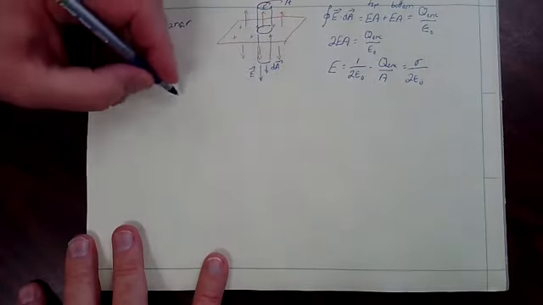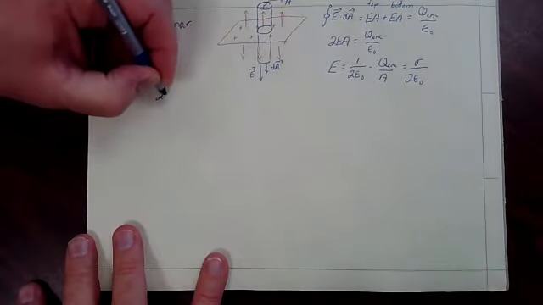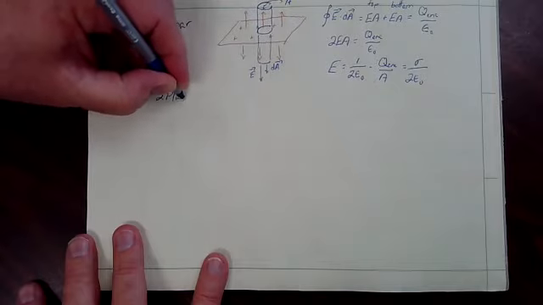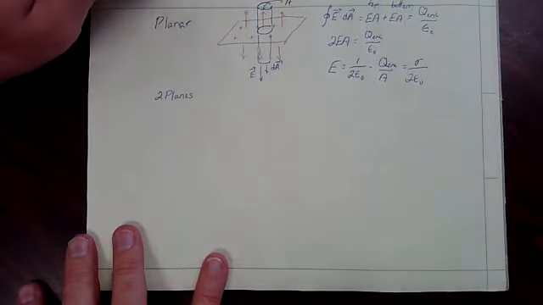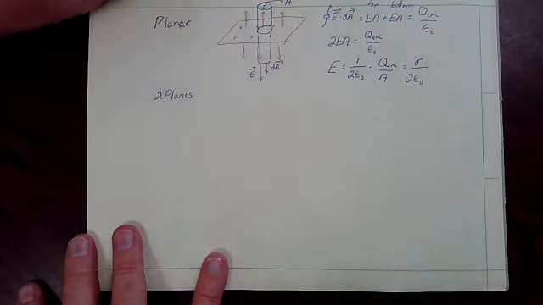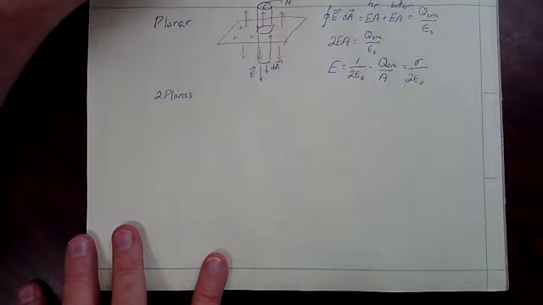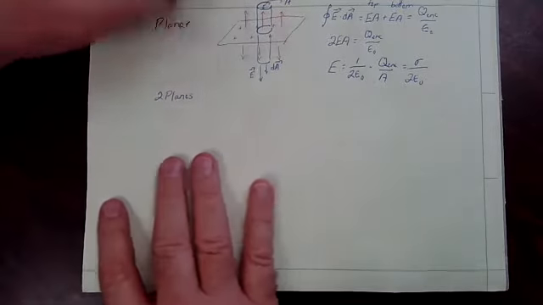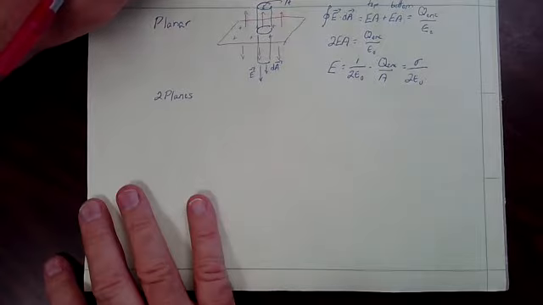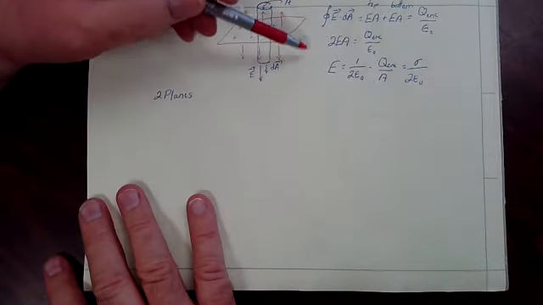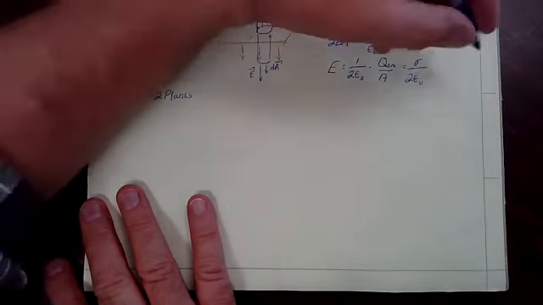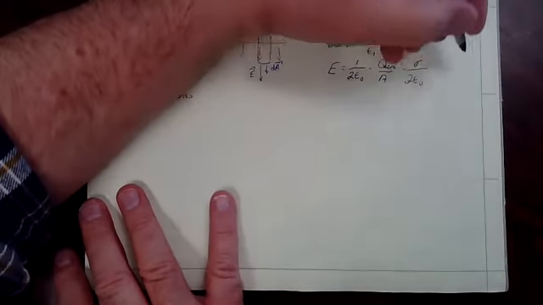Now let's do two planes. I'm not going to try to get too fancy here with my drawing. The field does not depend on the distance. It's uniform. It's a constant.